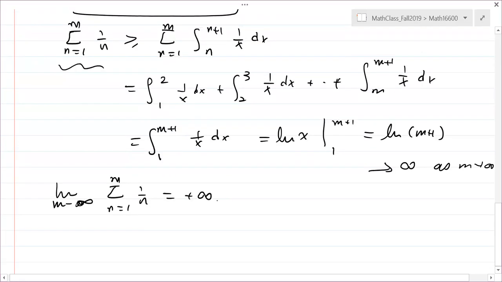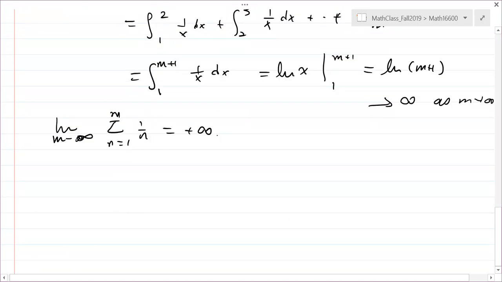Now this is what we're going to study today. Integral. Okay, it's called the integral test. Okay, let me state the theorem.